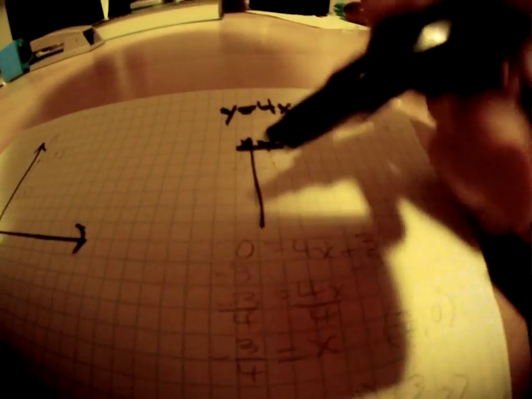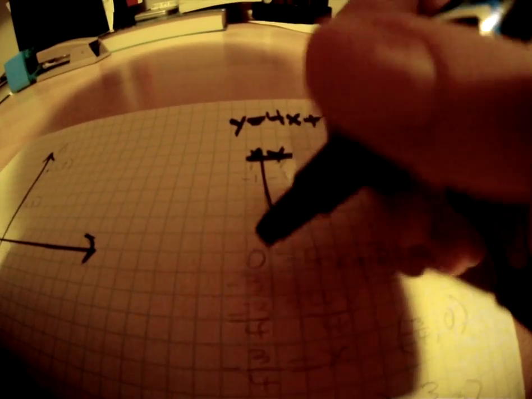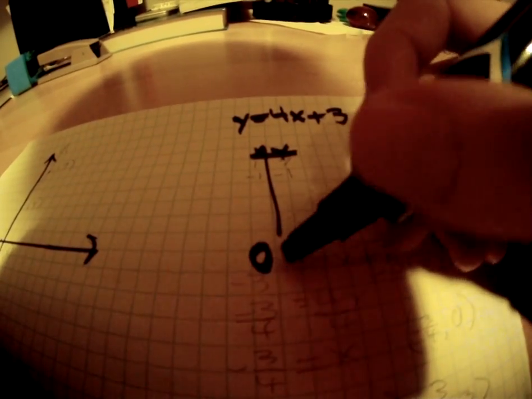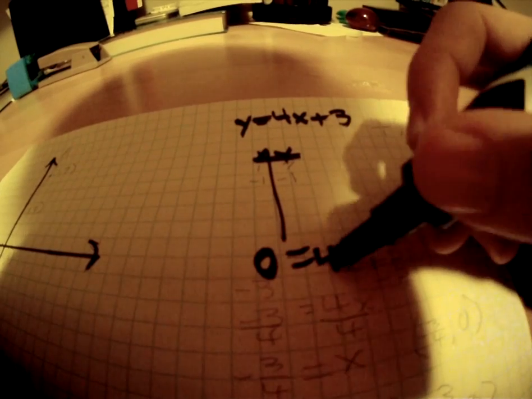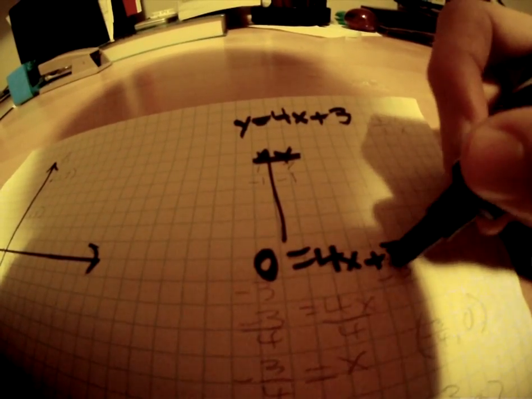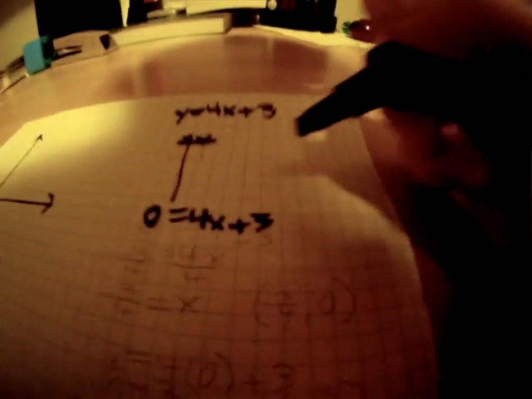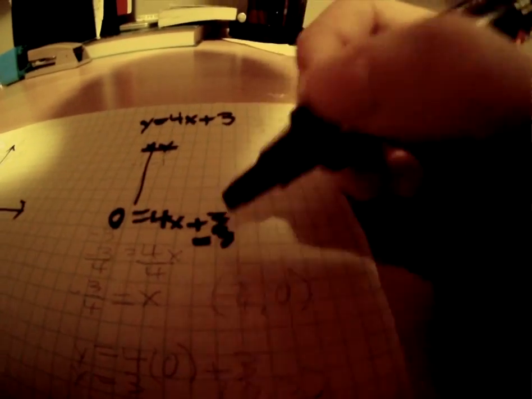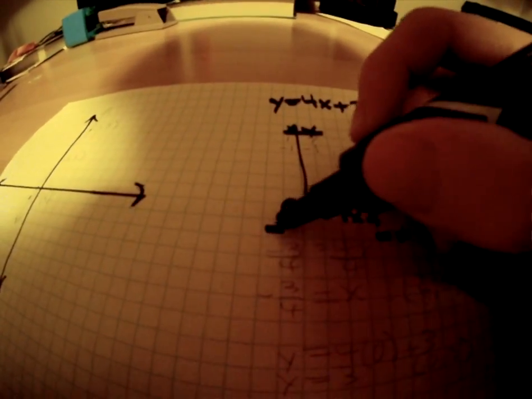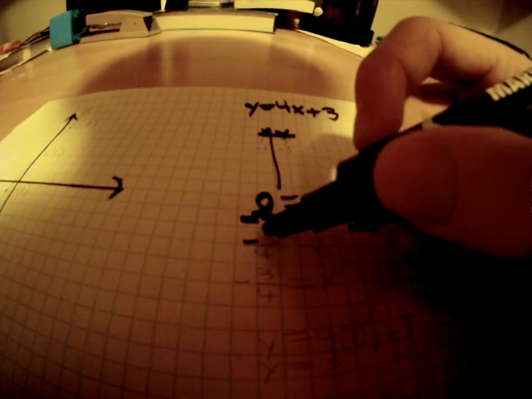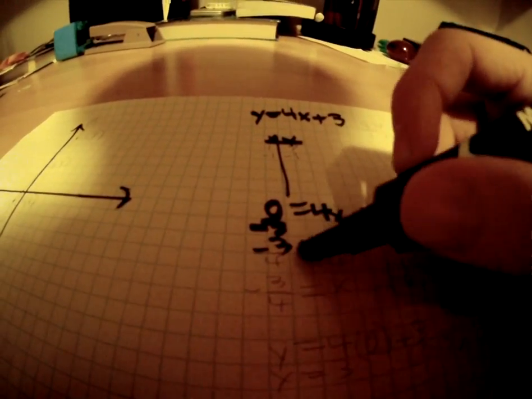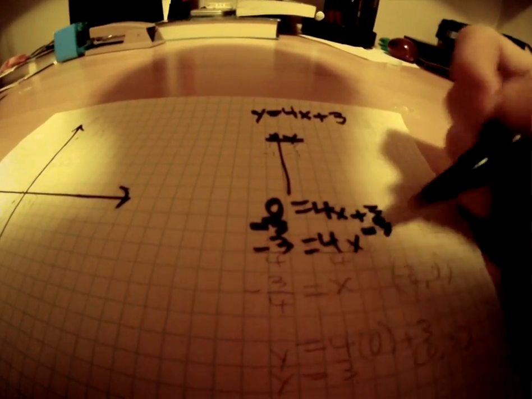So we can set the y value to 0 to find the x, and so that would be 0 equals 4x plus 3. Then we can subtract 3 from both sides to get negative 3 equals 4x.